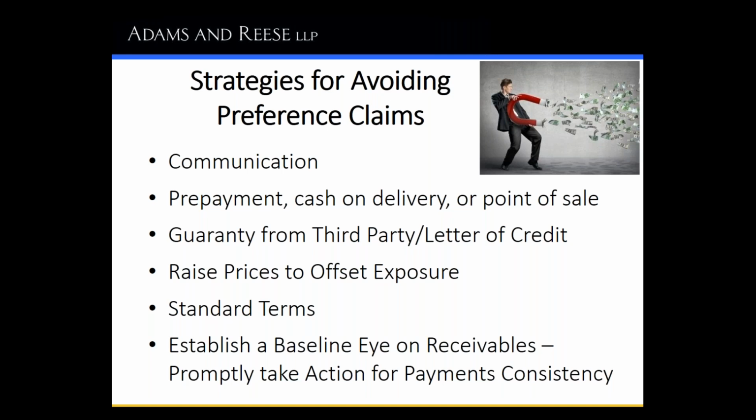Also remember, and this gets into sort of conflicting situations, payments that are coerced or treated differently are going to fall outside of ordinary course. So if you see a trade debtor trending late, you might want to think about how you communicate with that trade debtor, because if there's any sign of coercion, that could be deemed to change those payments to outside the ordinary course.